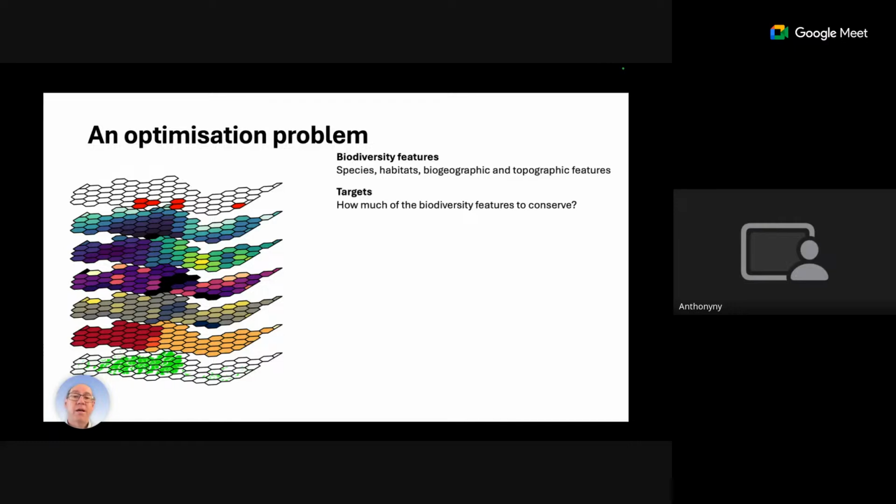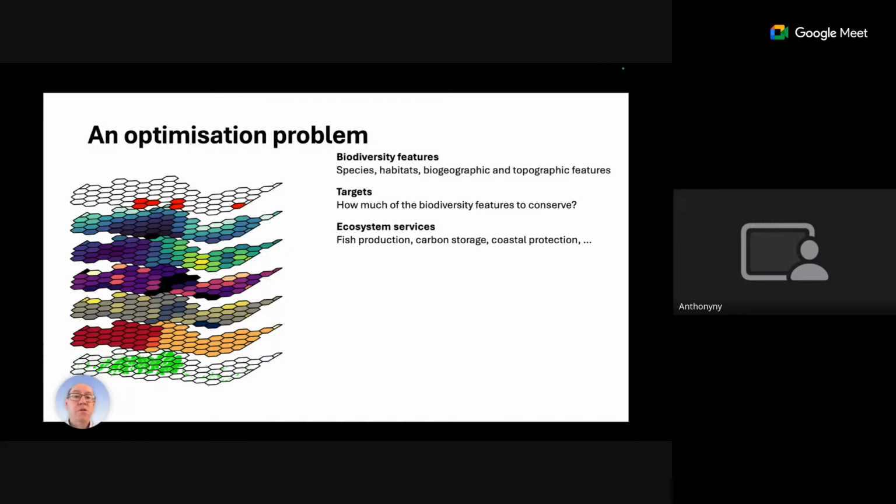So that's a target. And now, 30 by 30, the United Nations framework, is suggesting that should be globally 30% of our oceans and on land should be in protected areas of some kind. That wouldn't mean that it all has to be locked up and not used for fishing or other human uses, but it needs to be well managed, and a lot of these areas, it will need to be protected.